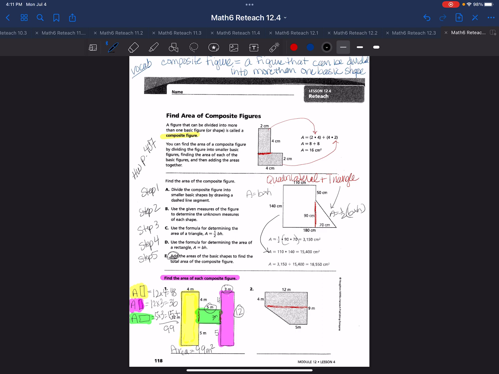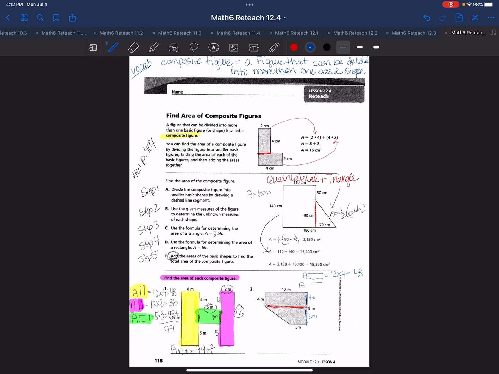And I know here by looking at my composite, this is 4 meters, this section right here, and the whole thing's 9, so I know this part here would be 5 meters. Okay, so let's go ahead and find out the area of the rectangle first, because that's easy. That's base times height, so that's 12 times 4, which would be 48.